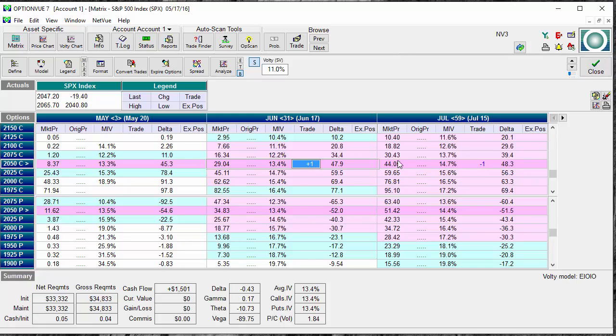So the calendar setup is always having two different expiration cycles, same strike price, same underlying vehicle. So, in a nutshell, that's what we're referring to with calendar trade.